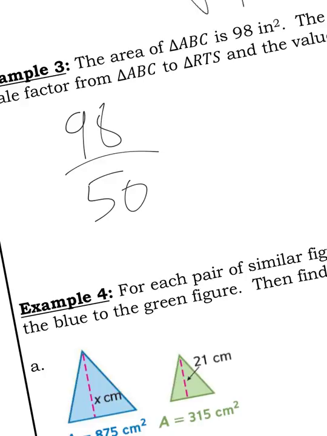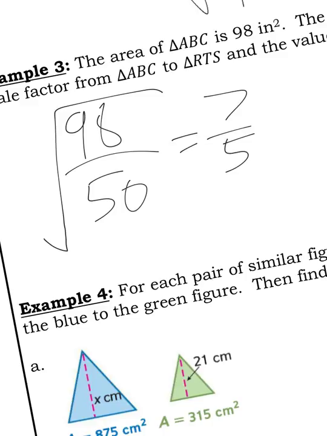Both of these are in inches squared, so I need to get that down to just inches. The square root of 98 over 50 simplifies to 7 over 5. And that right there is my scale factor of just the sides.